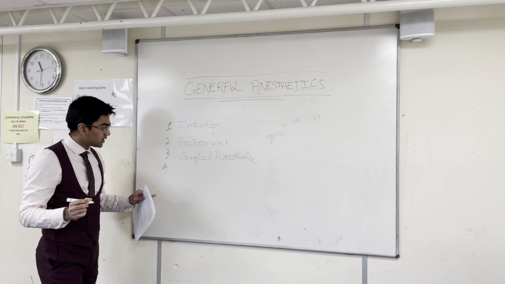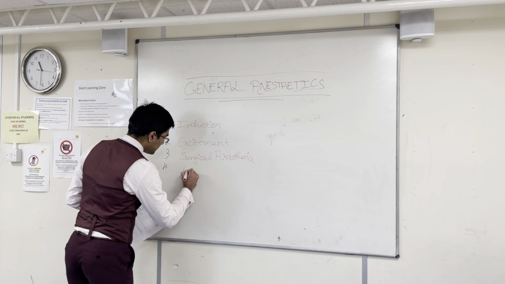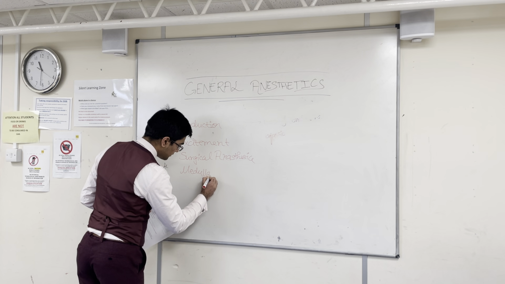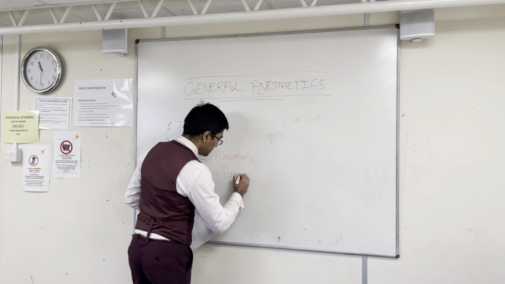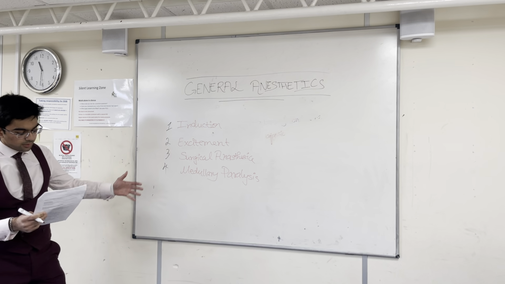And the final stage, which we don't ever want to reach, and I'll explain why, is called medullary paralysis. So these are the 4 stages that we have.